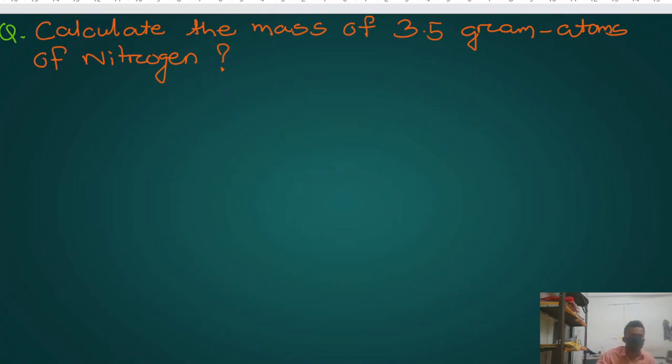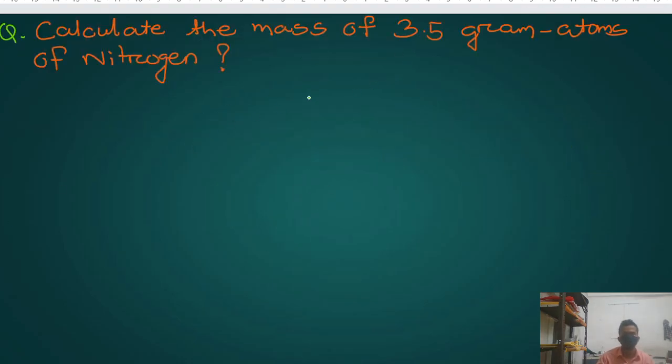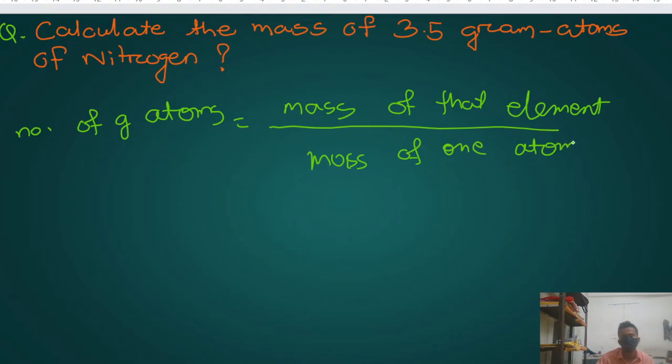First of all, we will go through this formula: number of gram atoms is equal to mass of the element in gram divided by mass of one atom of that element.